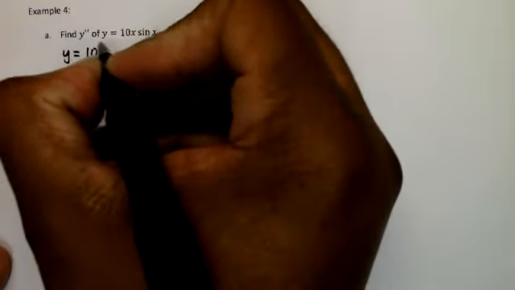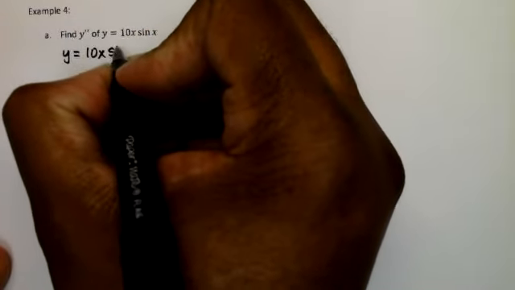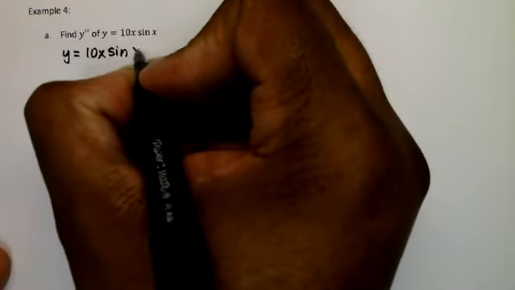Okay. Now let's look at some higher order derivatives so that we can end this video here. Like finding y double prime of y equals 10x times the sine of x. So we're starting off with y equals 10x times the sine of x.